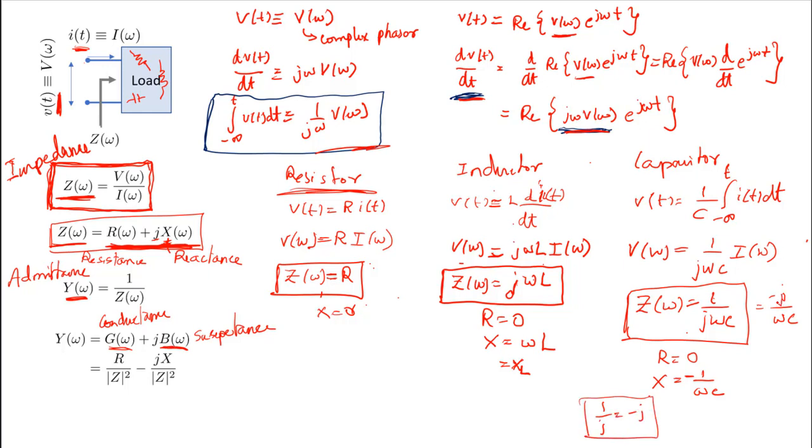So X, the reactance for the capacitor, is minus 1 over omega C, which we call XC. The reactance of a capacitor is negative, that of an inductor is a positive number, and for a resistor it is 0.